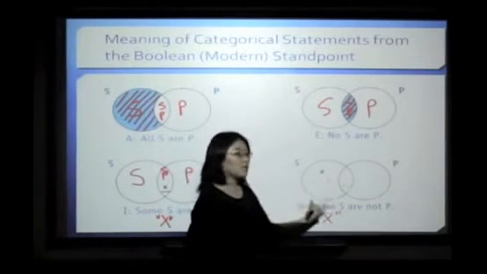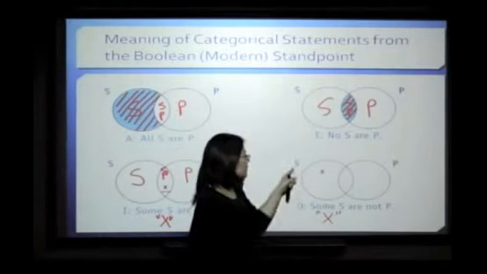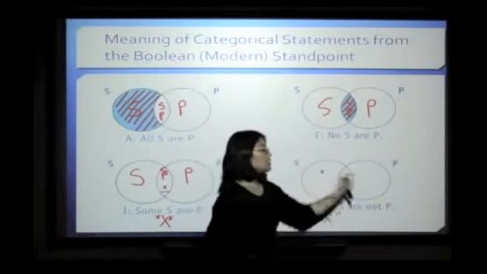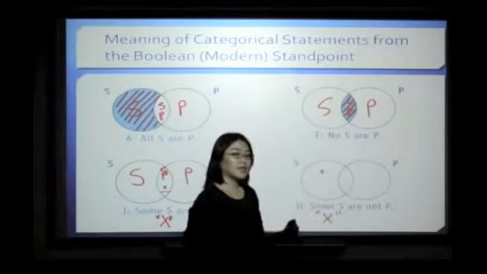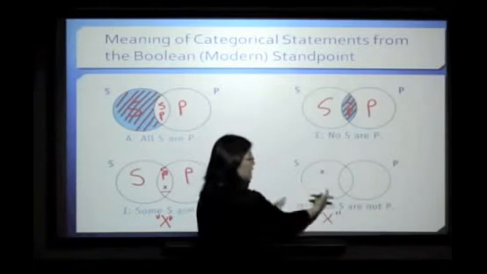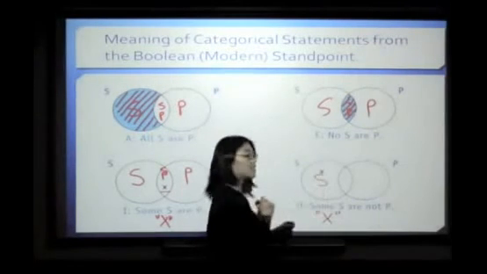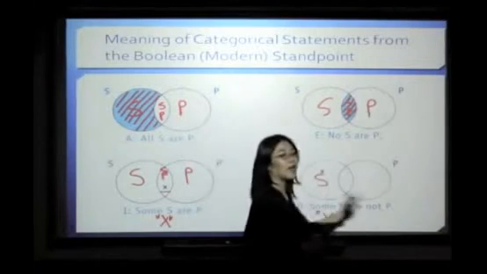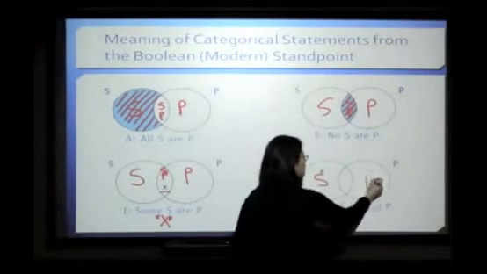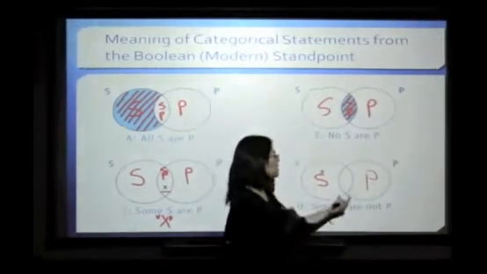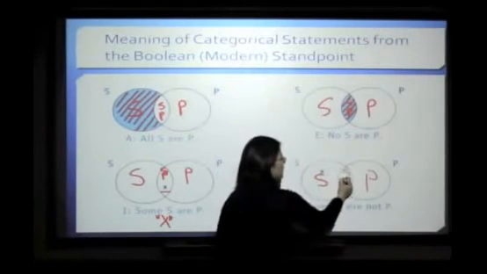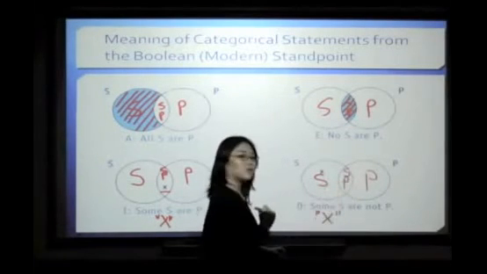So here we have the two interlocking circles again. This circle representing the S subject term, and this circle representing the predicate term. And here in this area, we have all the things that are only S's. And here we have all the things that are only P's. Okay? And in this overlap, we have the things that are S's and P's. Okay?